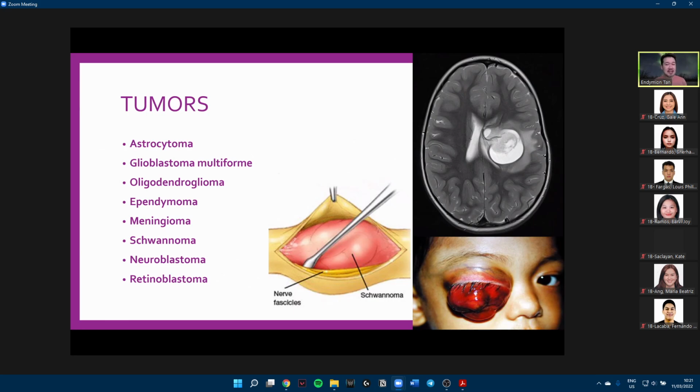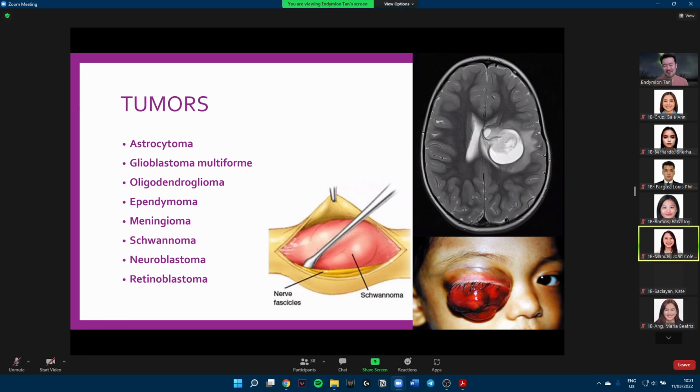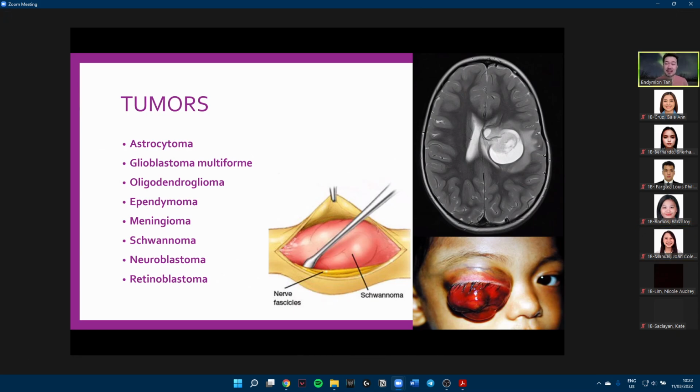Unlike your glial cells, they are not terminally differentiated. They are not post-mitotic cells, so they can undergo changes. And most of them can undergo into malignant change. Are we clear? Very good. They are very, very aggressive and very, very deadly if not treated, or if the patient would not undergo surgery, radiation therapy, or any other treatment course.